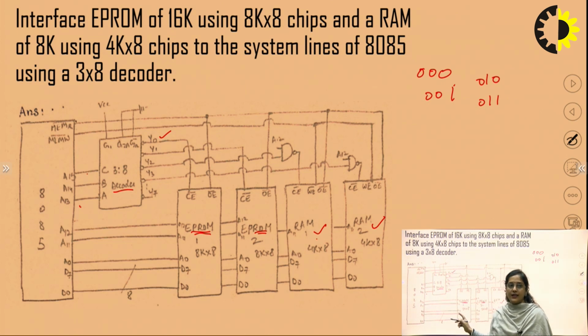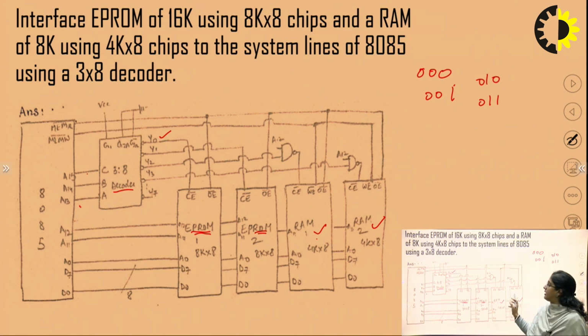And A13, A14, A15, A12, which is not used here, will be given to a NAND gate as chip selection logic, because RAM is using only 11 lines, but we have to give address to all the 16 lines. So in that case, we have to use one NAND gate for chip enable. So this is the circuit diagram for EEPROM.